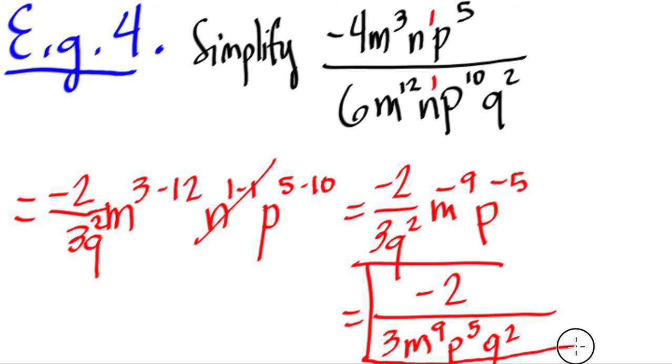So we have negative 2 all over 3m to the power of 9, p to the power of 5 and q to the power of 2, or squared, shall we say. Okay, so that's it for number 4. Again, the answer is negative 2 all over 3m to the 9 p to the fifth power and q squared. So that's our answer for number 4.